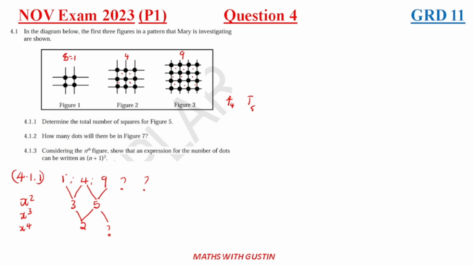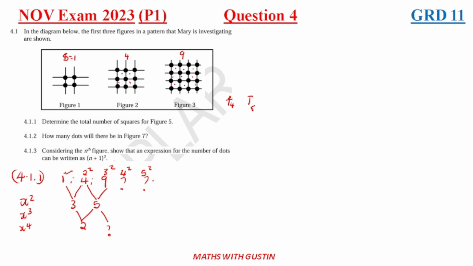So let's have a look. 1 squared gives you this one here. 2 squared gives you this one. 3 squared gives you this one. Already you can see the pattern. 4 squared gives you 16, and therefore 5 squared gives us 25.